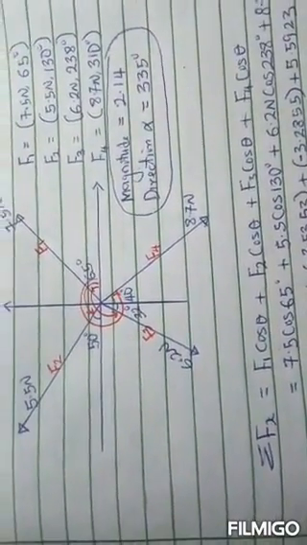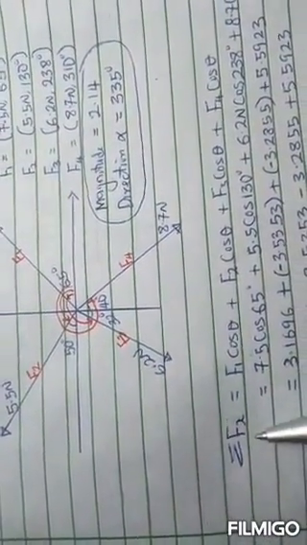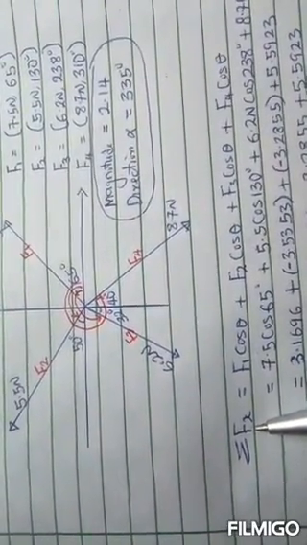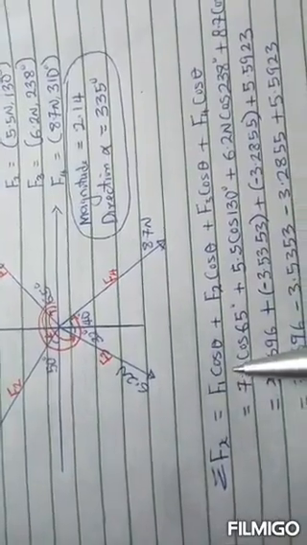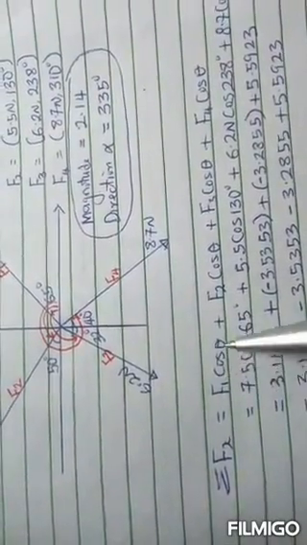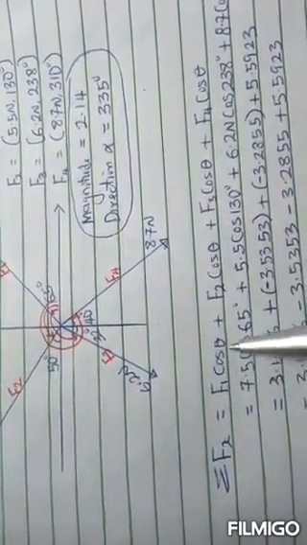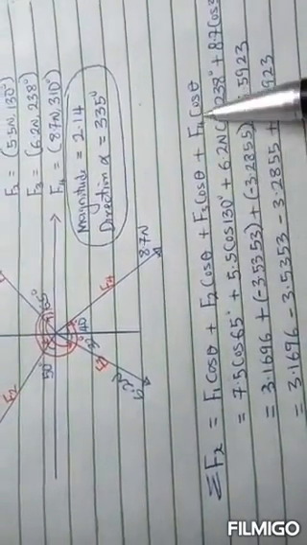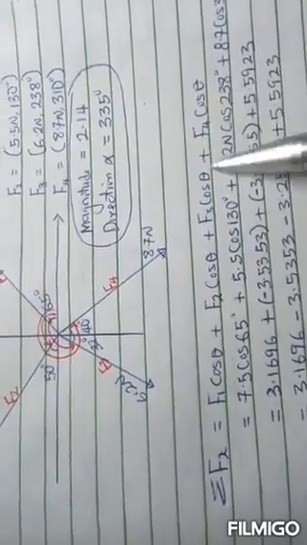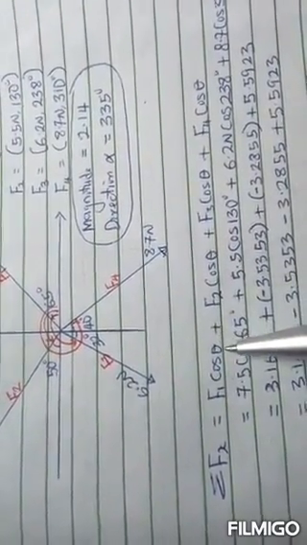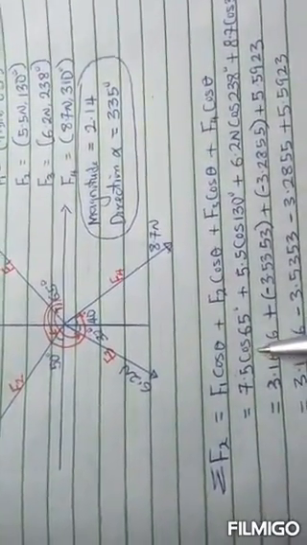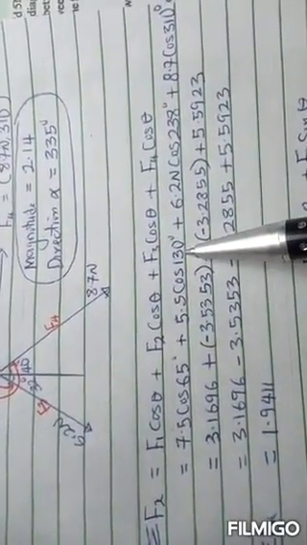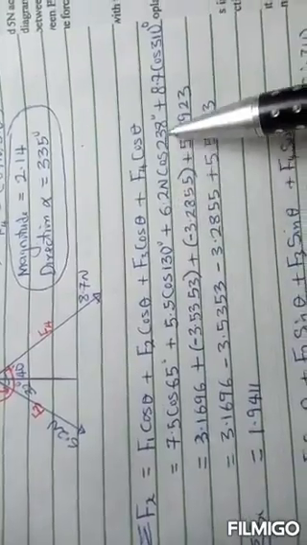So the next thing is to find the sum of horizontal forces. This is the formula for each of the forces. This is the horizontal component for force 1, force 2, force 3, force 4. These are the horizontal components. So sum them up. That will give you the sum of all the horizontal forces. When you use your calculator, every value that is supposed to be negative will give you negative.